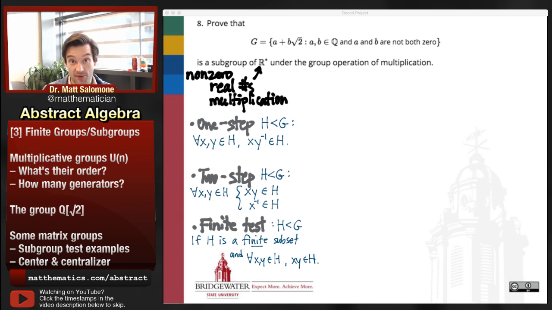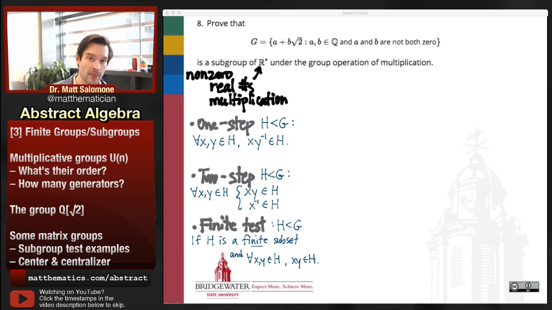They're logically equivalent to one another, which means that we'll never have to use more than one of them at a given time. If you can be successful in using any one of them to demonstrate that its relevant property holds for the subset that you're looking at, that one test will be enough to prove that H is a subgroup of G. It's good to get some practice using all three of them, though, because different scenarios might call for different ones of these subgroup tests to be the most natural one to use.